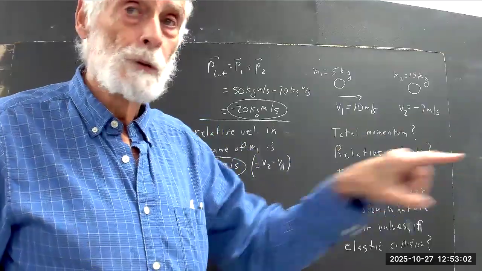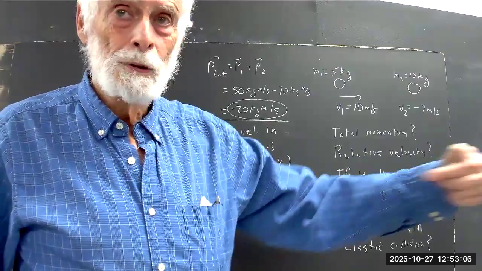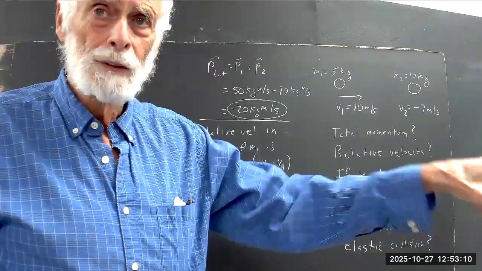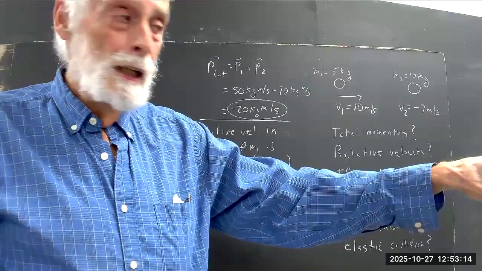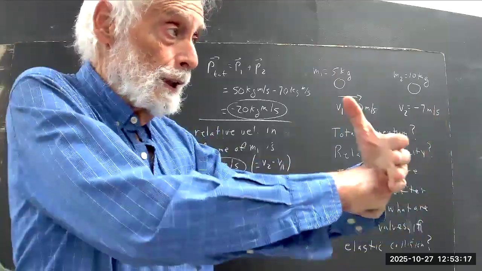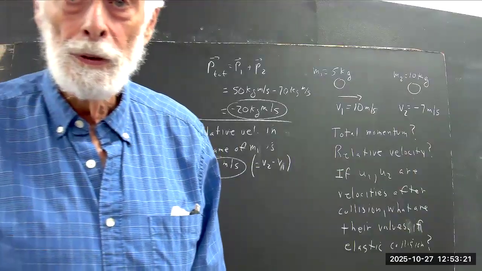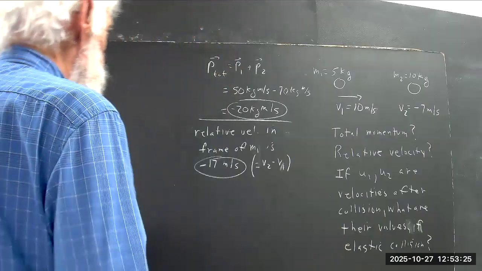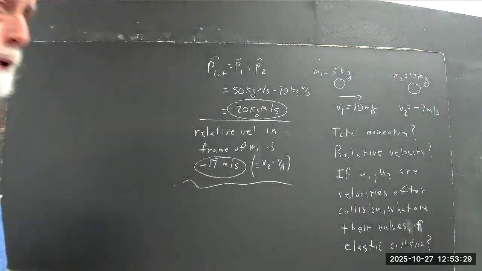Okay, got to use the same direction as positive. So just because you're looking at it from the perspective of M2, we've already established that this direction is positive, it's going to stay positive. And this guy is going to see this guy coming at him in the positive direction at 17 meters per second, right? Got to sort that out. Okay, well, anyhow, now if it's an elastic collision, what do we know?